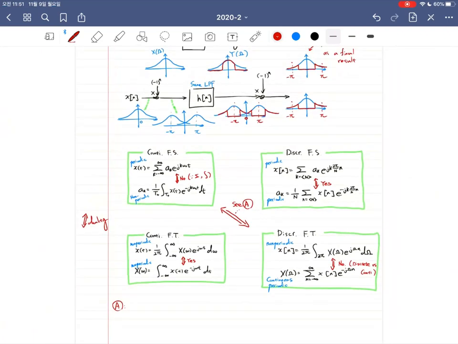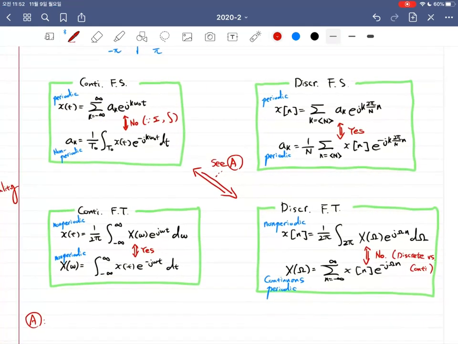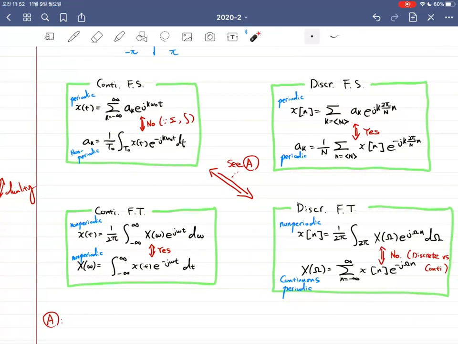And what do you think? Where does the duality occur? We can point out that we can start from here.